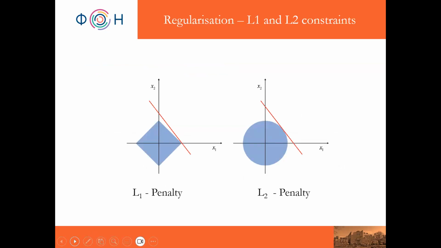graphically. So as we said, the L1 penalty takes into account and observes the absolute values, while the L2 penalty observes the squared values.